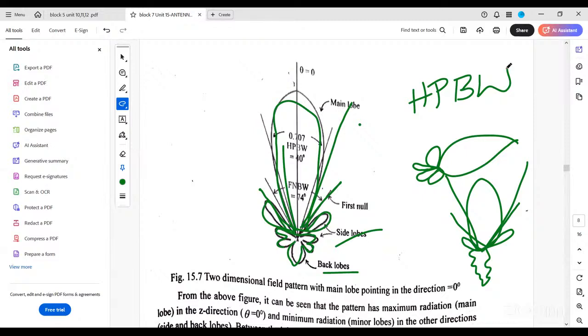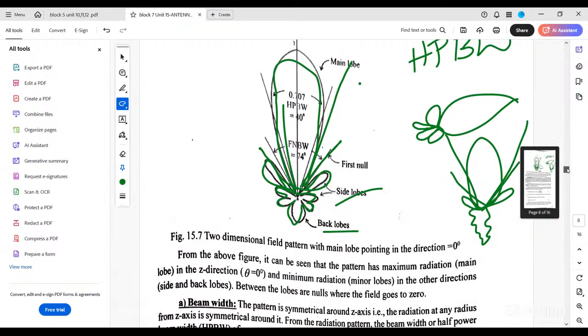What is FNBW? First null beam width. The first null beam width value is 74 degrees. The half power beam width value is 40 degrees. That is the answer they ask for in beam width. And now, next, which one? Directivity D. Is the diagram clear?